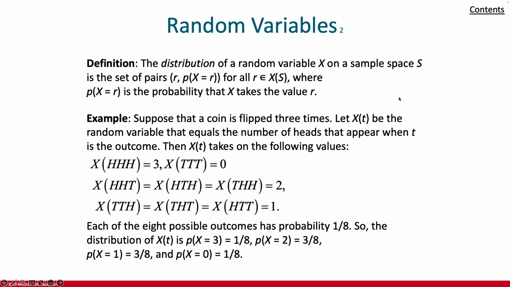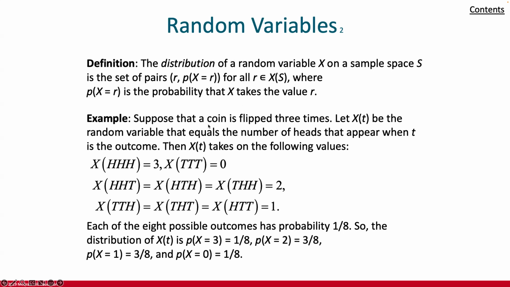So here's another definition. The distribution of a random variable X on a sample space S is the set of pairs listed here for all r that is an element of X(S), where P(X = r) is the probability that X takes the value r.